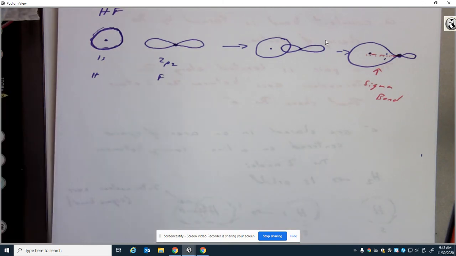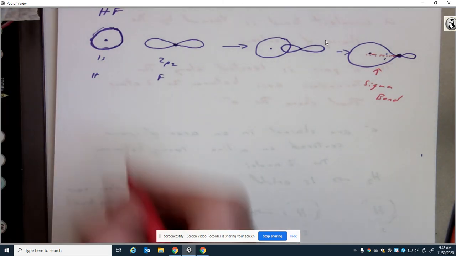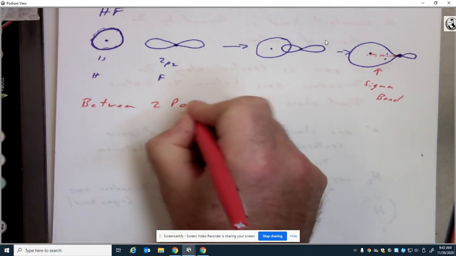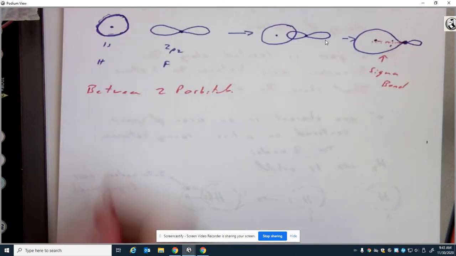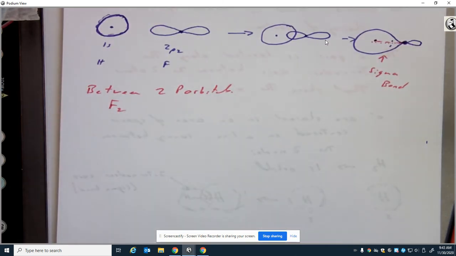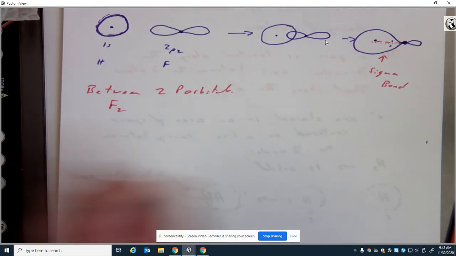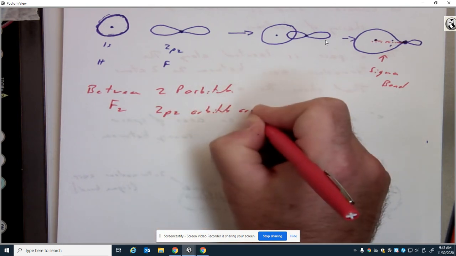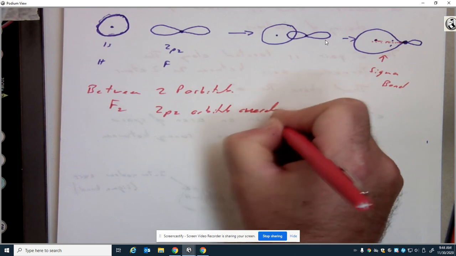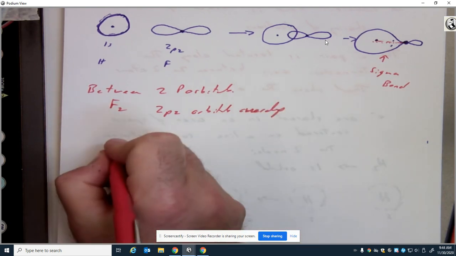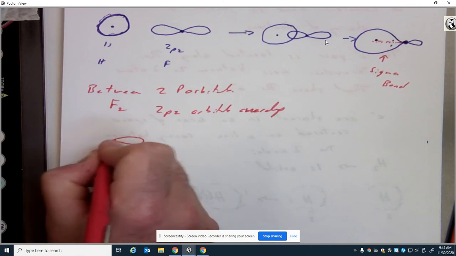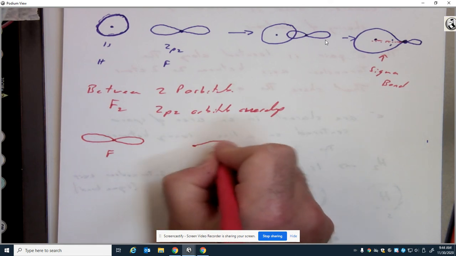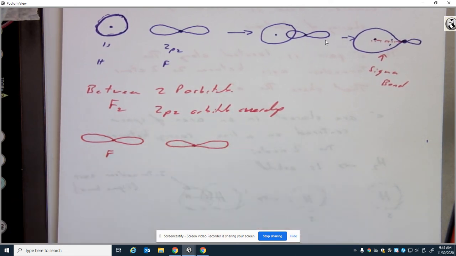We can form sigma bonds between 2 p orbitals. Okay, so let's say we have diatomic fluorine. Their 2pz orbitals will overlap. Okay, so this is one of my F's. Here's my other.